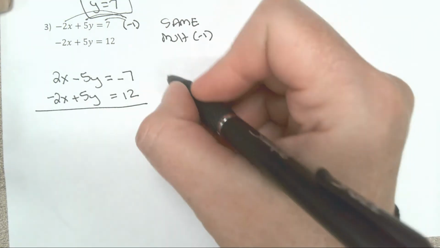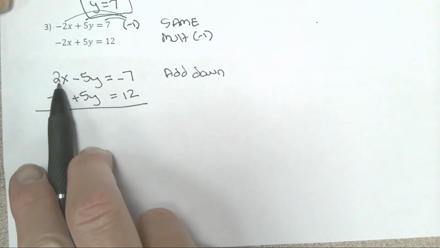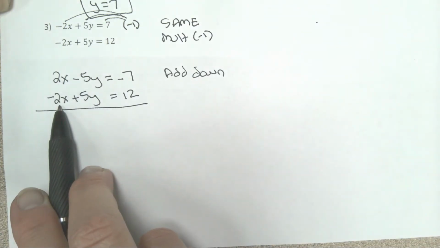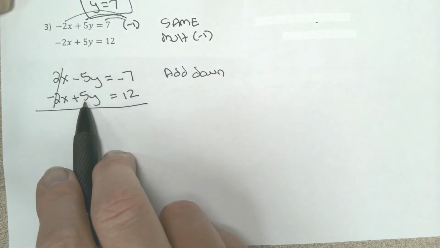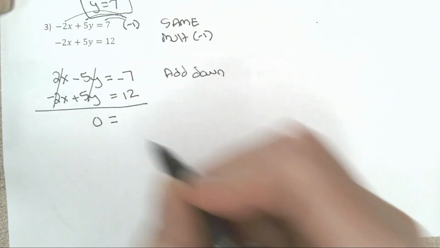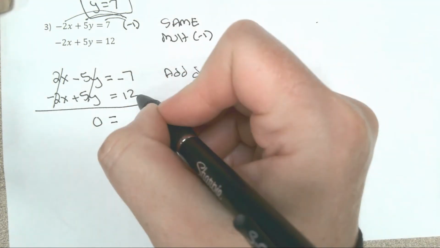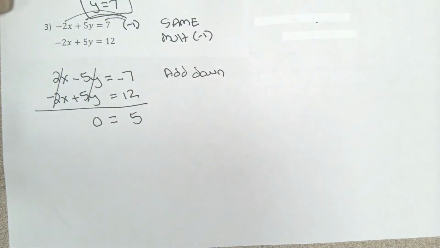Once you have opposites, now I add down. 2x plus -2x is 0. -5y plus 5y, oh, that's also 0, interesting. And then 12 plus -7 equals 5.